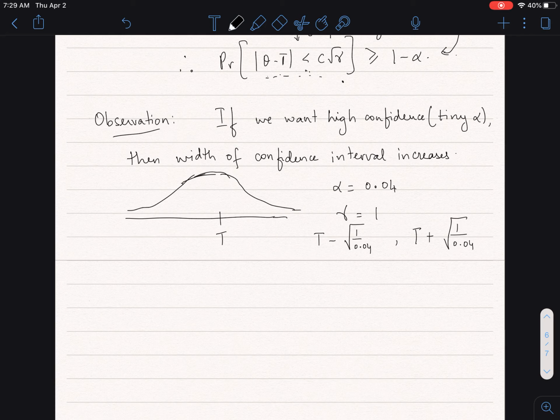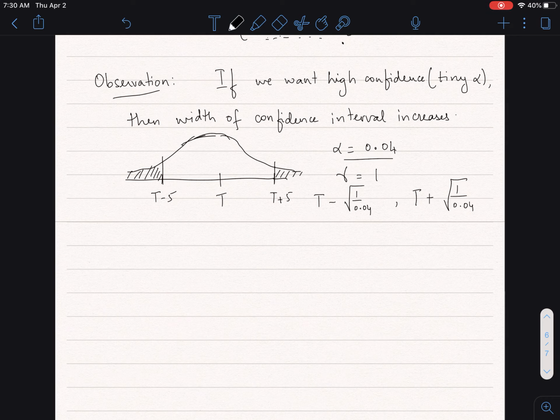So what is that equivalent to? If you think about it, this will be t minus 5 and t plus 5. Okay, and this is telling us that this probability is smaller than or equal to 0.04.